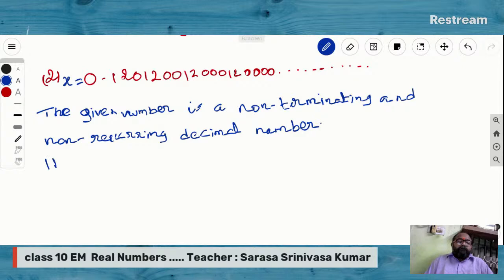Hence, if the given number is a non-terminating and non-recurring decimal number, then we say that it is an irrational number. Hence it is an irrational number.